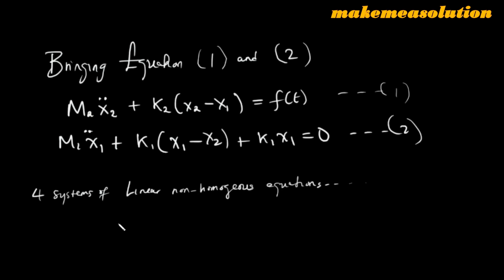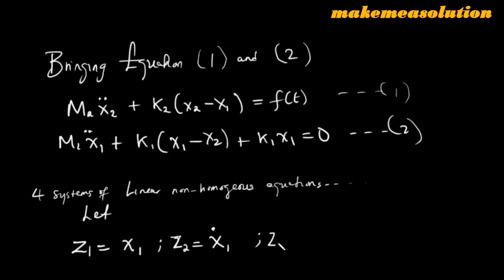We now want to come to a very important stage, which is choosing our state variables. We are going to choose our state variables so that we generate 4 systems of linear differential equations. So let z1, the first state variable, represent the displacement of our first mass. Then z2 will represent the velocity of x1, the velocity of the first mass.